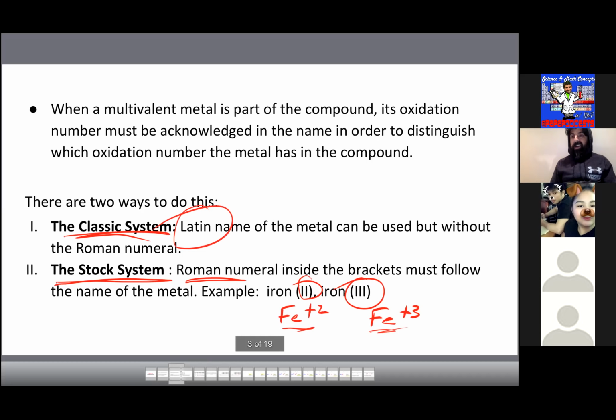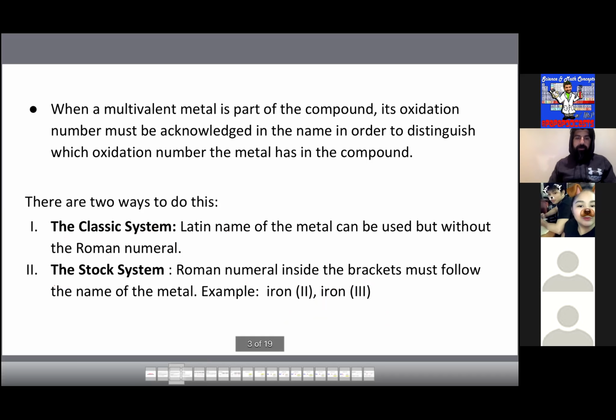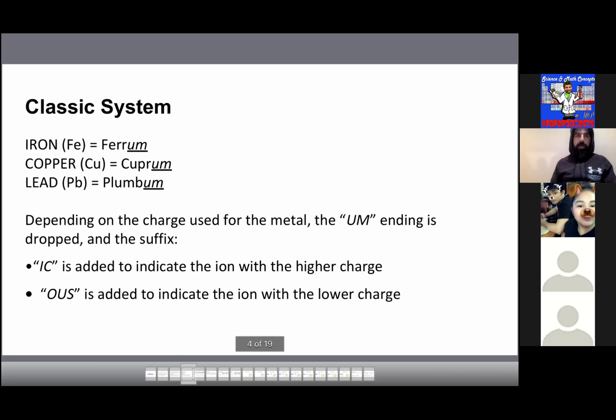So iron, the Fe, comes from the Latin word for ferrum. And we're going to see that right now. Let's get to the next one here. So here we have iron, copper, we have lead. So iron is ferrum. That's where they get the Fe. Copper, cuprum, and lead, plumbum.